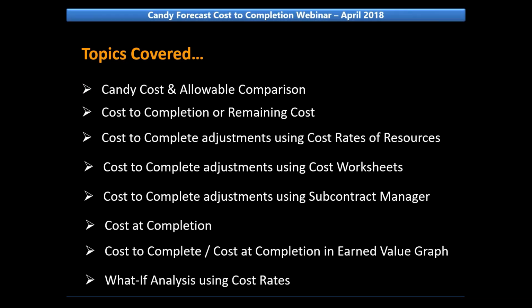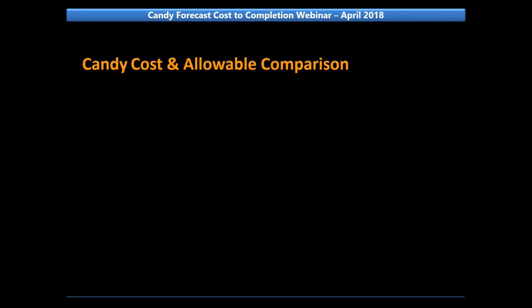And then cost to complete adjustments using Subcontract Manager. Then we'll move on to cost at completion. And then cost to complete or cost at completion in earned value graph. And then finally, we'll do some analysis using cost rates. So let's go to the first topic, which is Candy cost and allowable comparison.